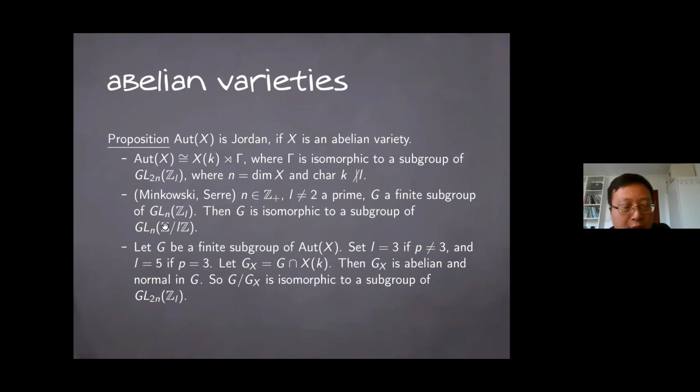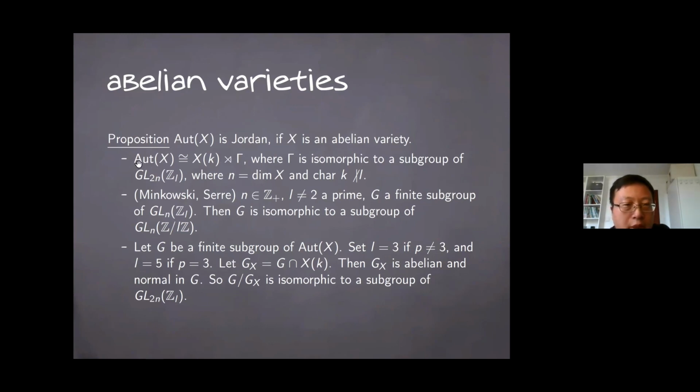So the upper bound for the finite group here goes to the upper bound of this finite subgroup. But this one is GL_n over a finite field, so it is easy to compute the upper bound. Then you just need to avoid the characteristic. You assume l is 3 if p is not 3. If p is 3, just let l be 5.